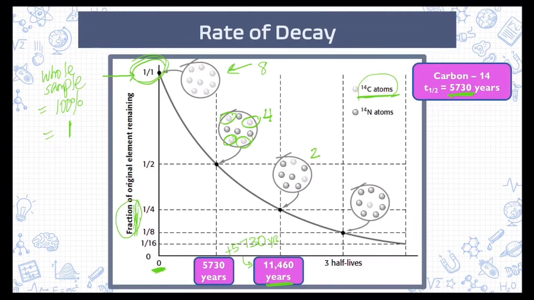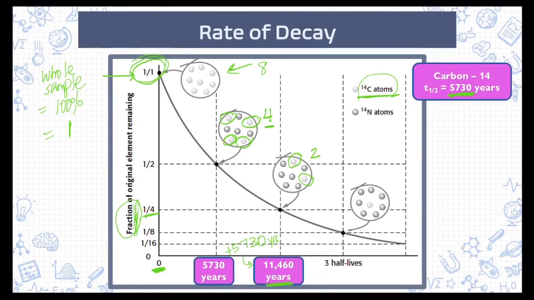If you count up the white circles again, I'm just going to circle them here so you can see which ones I'm counting. We have 2 left. You can see that on the y-axis, the fraction is showing up as half for the picture that shows 4 nuclei of carbon-14 left. And then we have 1/4 the amount that we had to start with after the second half-life.